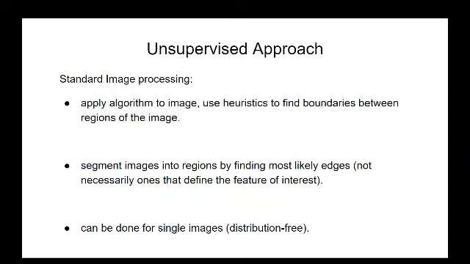So those types of false positives are a problem. And one advantage to the unsupervised approach is that it can be done for single images. It's distribution free and doesn't require any a priori information. But again, that may be a problem because you may need information about the image to process it.